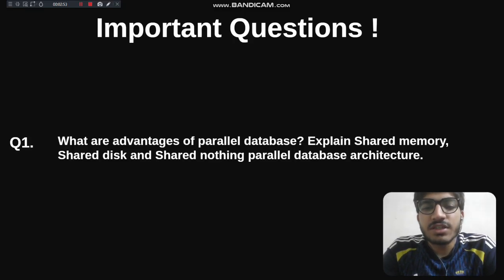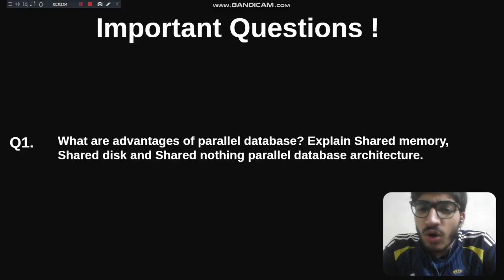Second is shared disk architecture, meaning each processor has its own memory. All processors share the disk. Features: data is accessible to all since the disk is shared. Advantages: better fault tolerance.